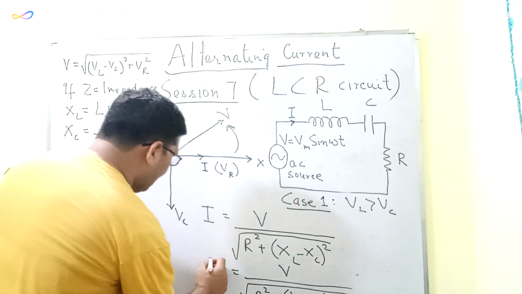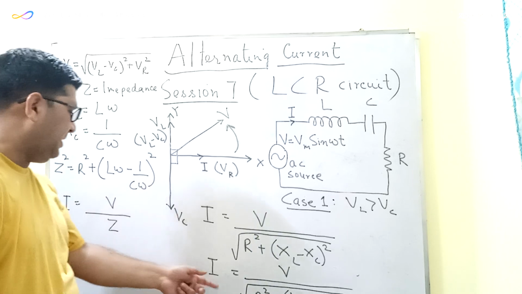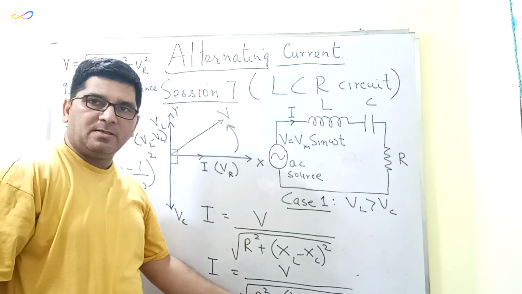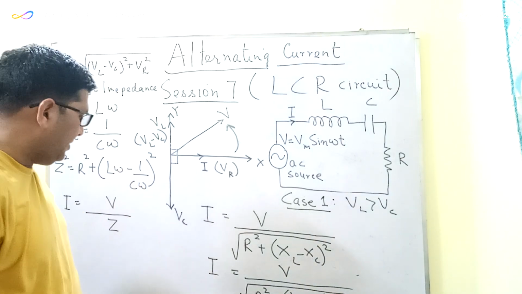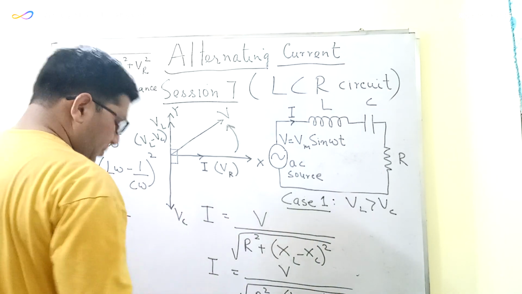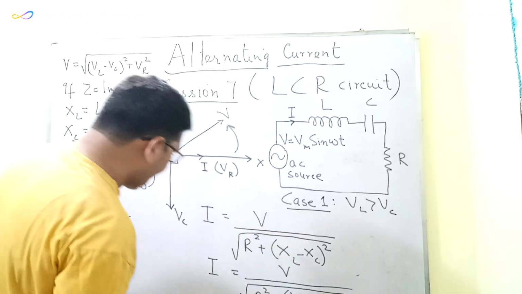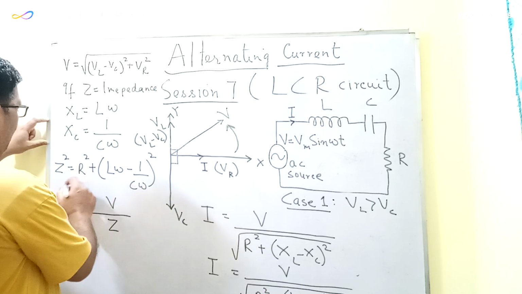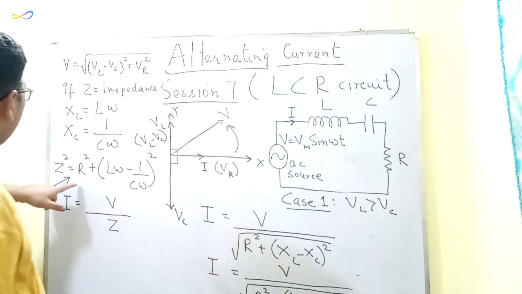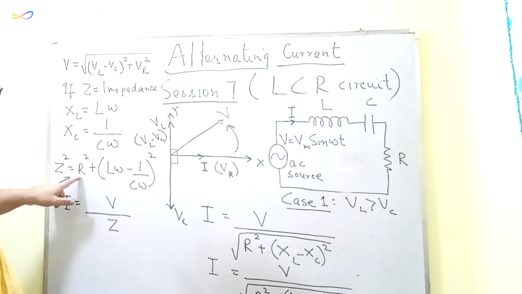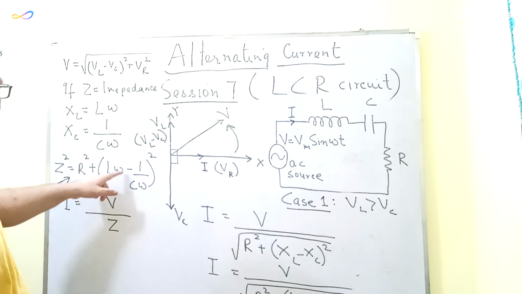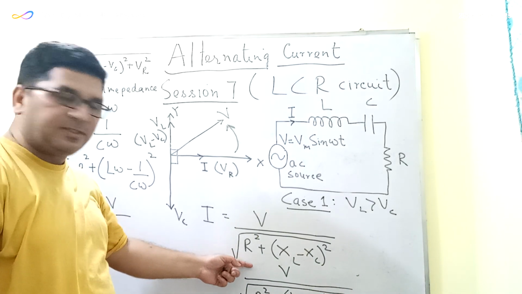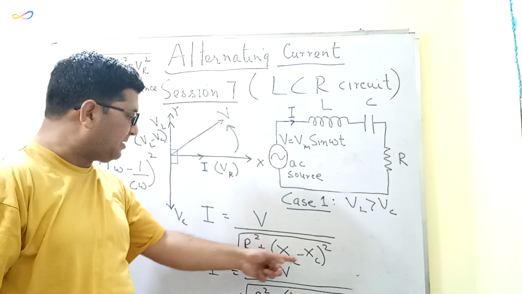So this is the value of the instantaneous current which is flowing in this circuit, and the impedance here is equal to this. This is the formula for the impedance, that is Z square is equal to R square plus, in bracket, L omega minus 1 upon C omega whole square, and impedance can also be written as the square root of R square plus XL minus XC whole square.